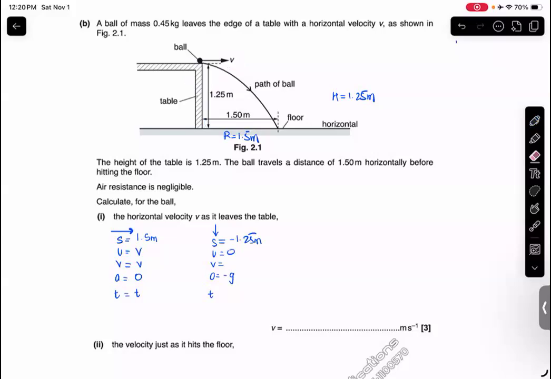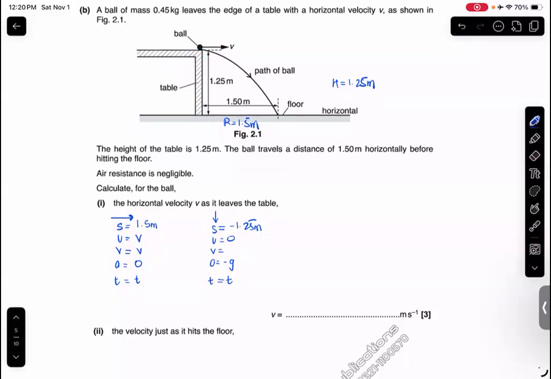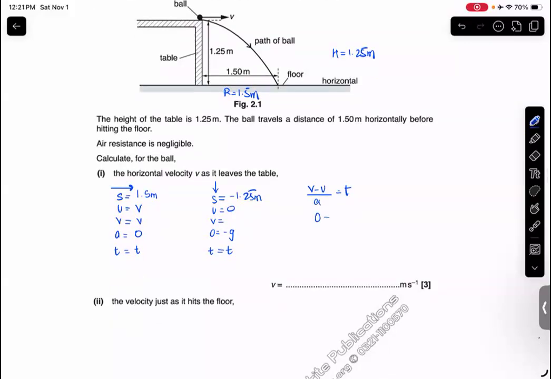Now, can I find out time from this? Yes, I can. T is just going to be V minus U over A. V is 0 and U is, wait, no, we don't know what V is. That's a problem.